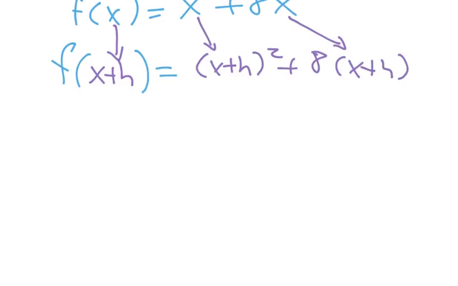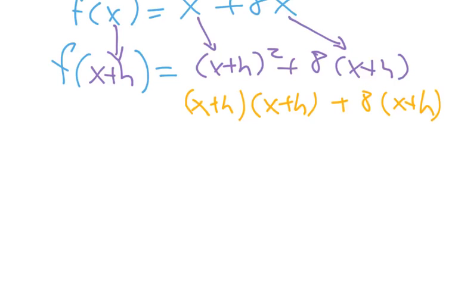How do you clean up f of parentheses x plus h squared? How do we go about doing that? Cool.